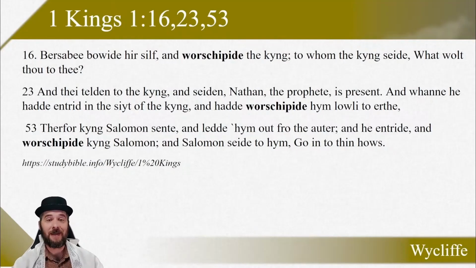This is where the confusion comes in, because we think of worship as something only to be done to Yahweh, right? In the way that we think of worship, yes, that is true.